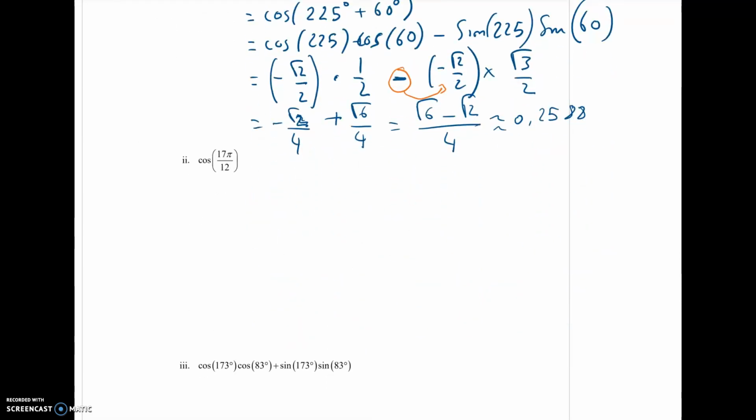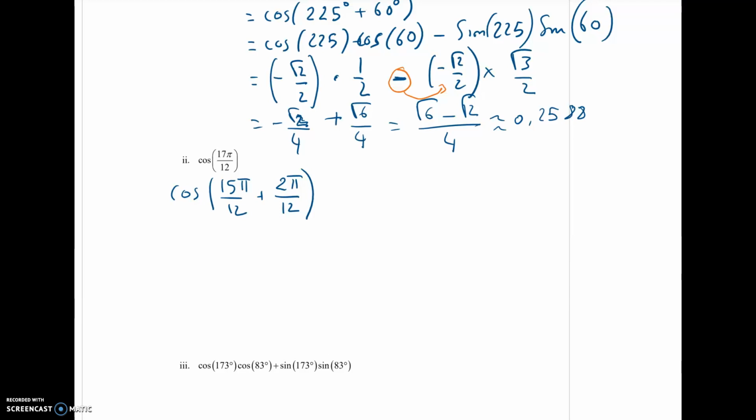Now, let's work on the second part. What I want to do is transform 17 pi over 12 into 15 pi over 12 plus 2 pi over 12. Why am I looking for 2 pi over 12? Because 2 pi over 12 is pi over 6, and I know the cosine of pi over 6.